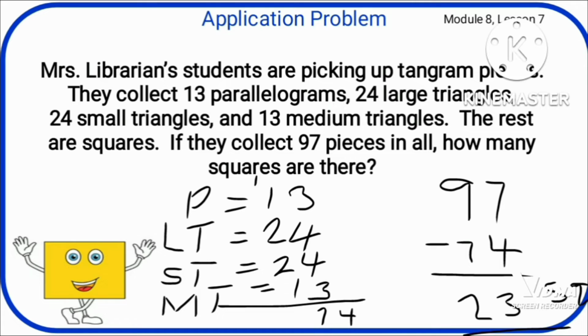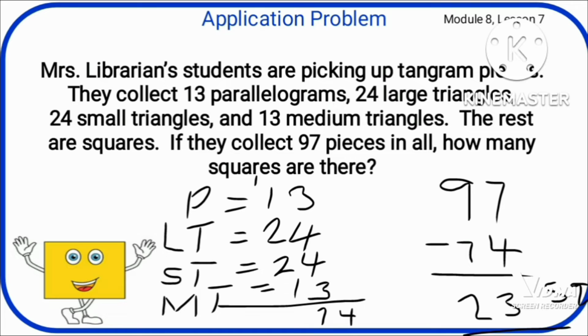But how many shapes altogether did they pick? 97 pieces. So we'll have to remove the 74 from 97 to get how many squares. Now if you remove 74 from 97, you're going to have 23. So the squares they picked are 23.